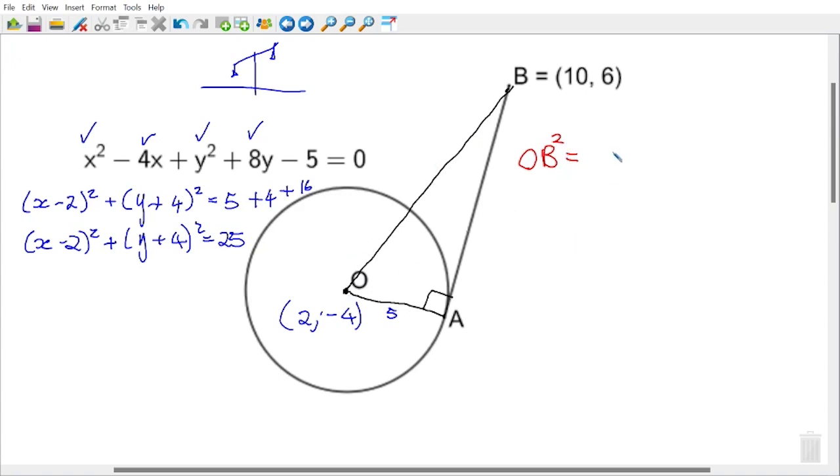So OB squared is going to be the difference in the x values, 10 minus 2, squared, added to the difference in the y values, 6 plus 4, squared. Notice I've squared both sides, and I'll explain why I've done that now. This is 8, so this is 64, and this is 10, so this is 100. So OB squared is 164.